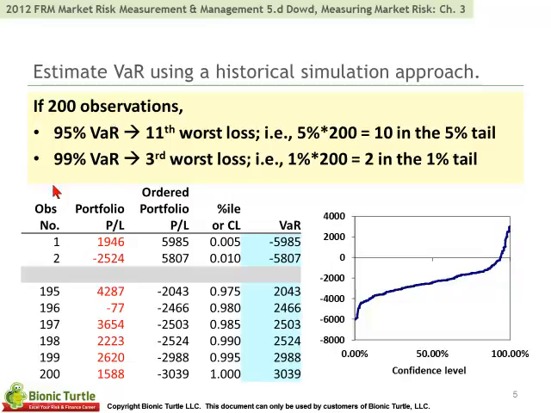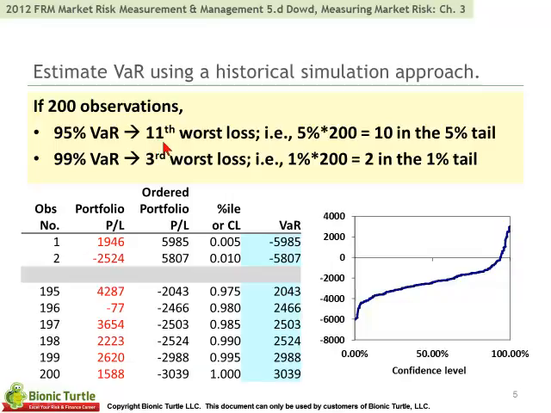But if we say 200 observations and the 95% VAR, what that means is we have 5% significance and 5% in the tail. So 5% of the 200 observations is 10. That means we have 10 of the worst losses in the tail, and we can't show all of those.